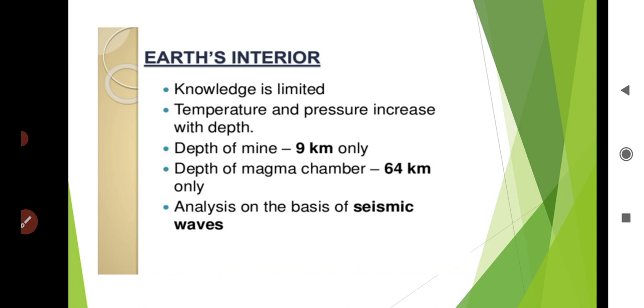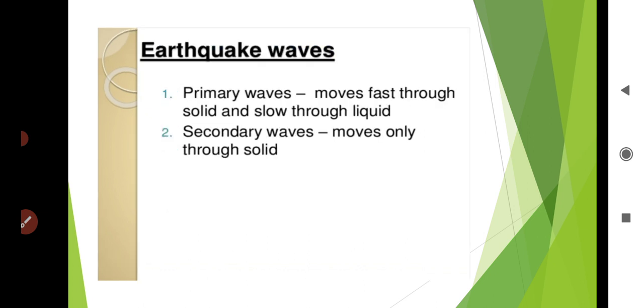Hence researchers have analyzed that the magma might be a base of the seismic waves. The earthquake waves which form in the interior of the earth are primary and secondary waves. Now, what is meant by primary and what is meant by secondary?